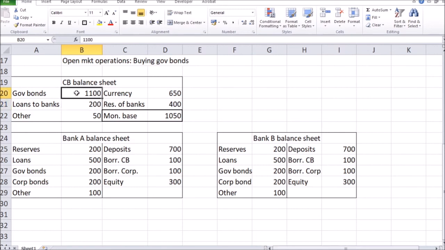And for these government bonds that the central bank receives from the commercial banks, it will credit the amount of reserves that the commercial banks have, increasing that from 400 to 700. And as you see, the monetary base increases from 1050 up to 1350. That's a growth of the asset as well as the liability side of the central bank balance sheet. A relatively significant growth over here from 1050 to 1350. That's a growth of nearly 30%.